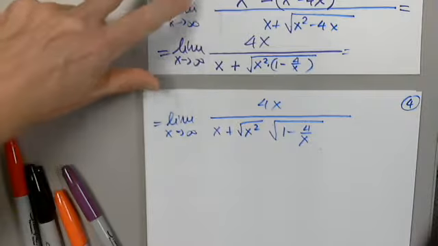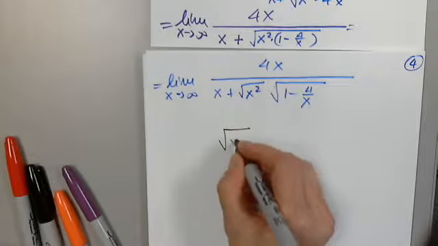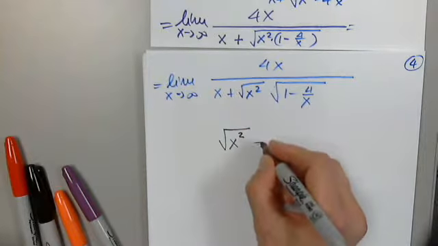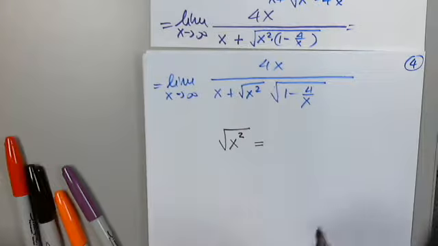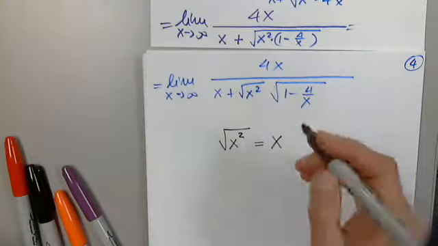Now we have to stop for a moment and discuss something very important. How much is the square root of x squared if I don't know what type of number x is? I cannot write x, because if x is negative 3, this is negative 3, and this is 9, and the square root is 3.